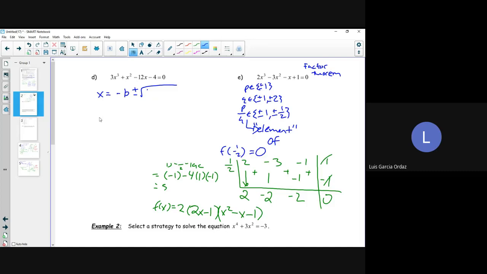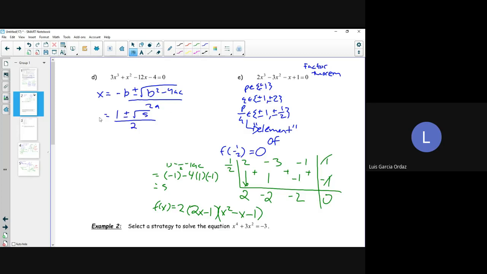Since it's factorable, now you have to go find factors. So negative b, we have negative times -1, which is just 1. We have 1 plus the square root of 5 divided by 2a, which is just 2.